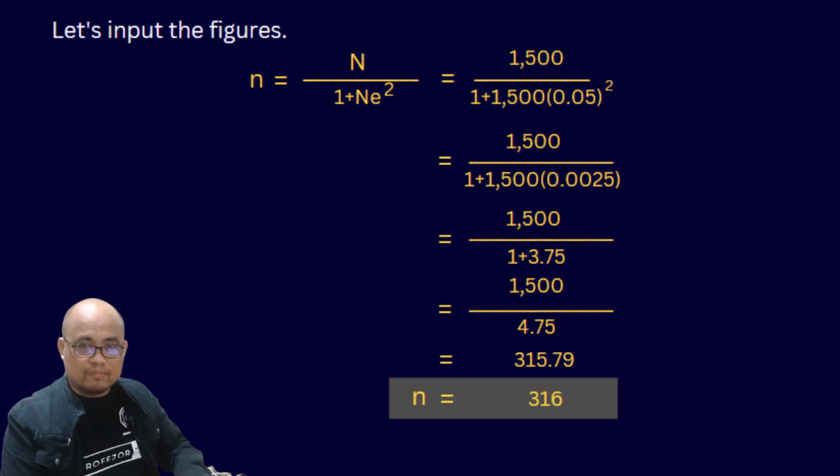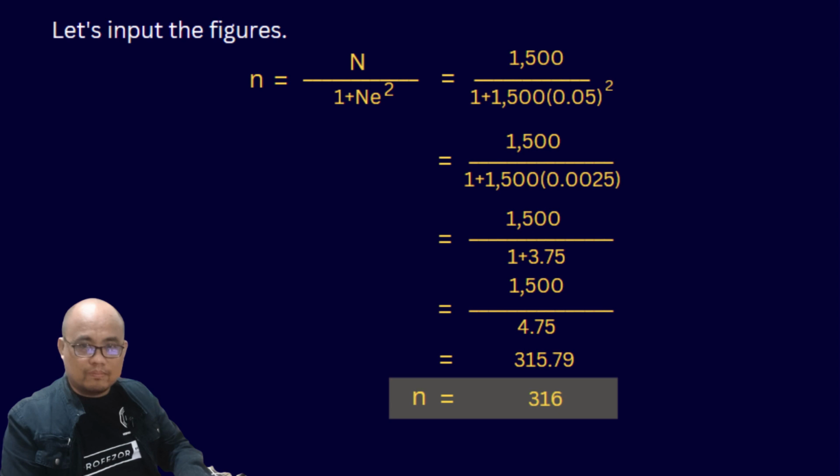Let's replace the capital letter N or the population size with 1,500, the actual figure, over 1, this is constant, plus 1,500 or population size times 0.05, which is your margin of error, squared.